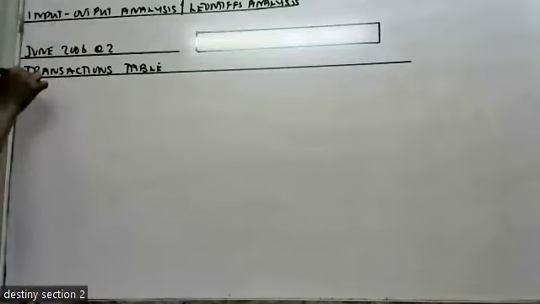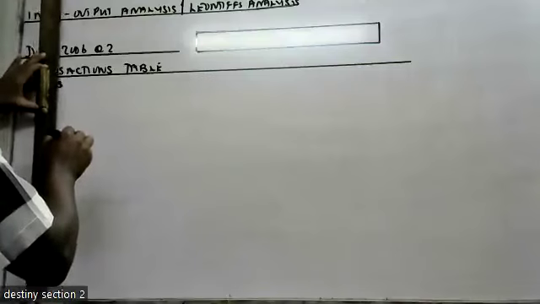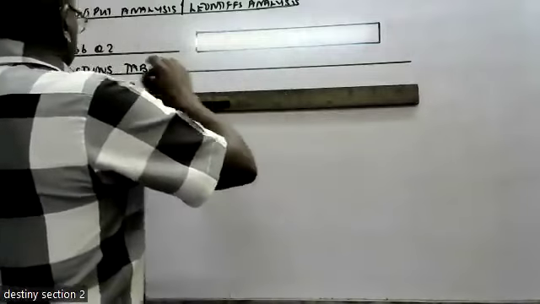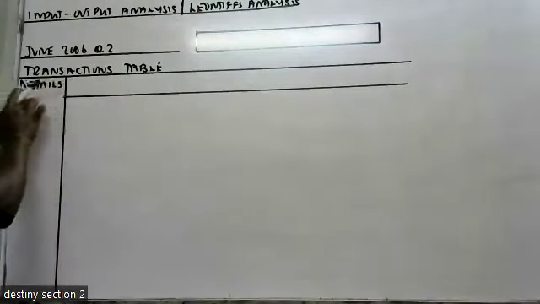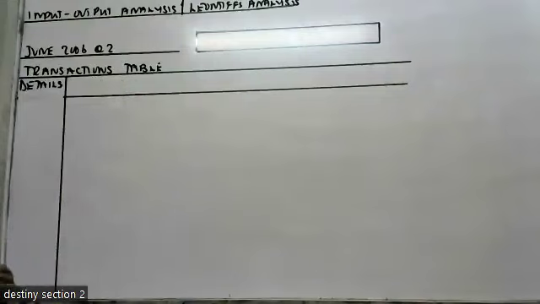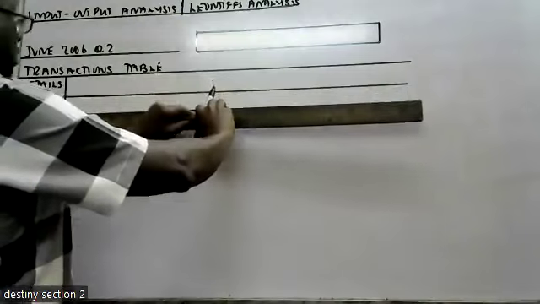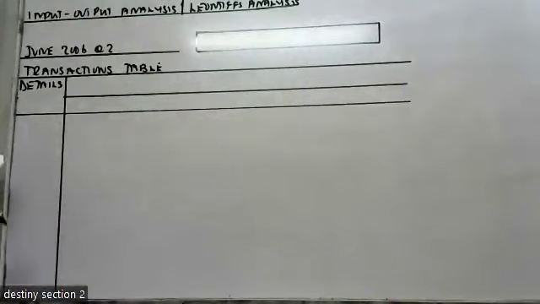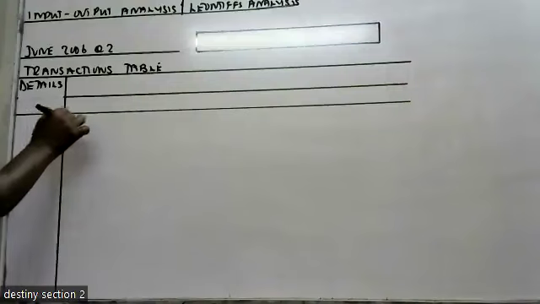And in this transactions table, we have a column called details. So as you can see, we have a sector that is called agriculture.